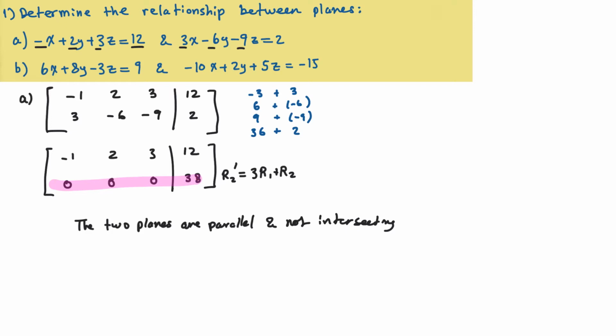And that would make sense because 0 times any value is 0, and if we add all those zeros up together, we would get 0. But in this case, we can't have that equal to 38, and therefore they're parallel and they're not touching, and therefore not coincident. And that is the final solution to our part A.